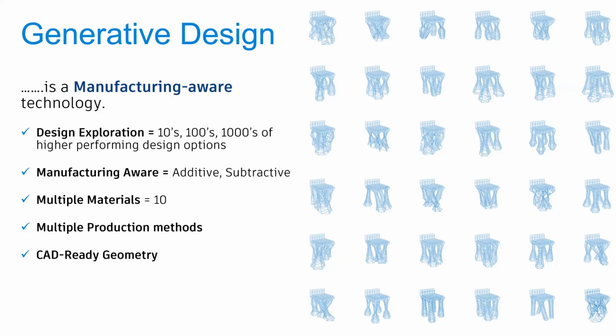No, because topology optimization is not manufacturing aware, whereas generative design is manufacturing aware. The outcomes that it provides suit the sensibility of that particular manufacturing method. It could be either additive manufacturing or any of the conventional subtractive or other means of manufacturing.